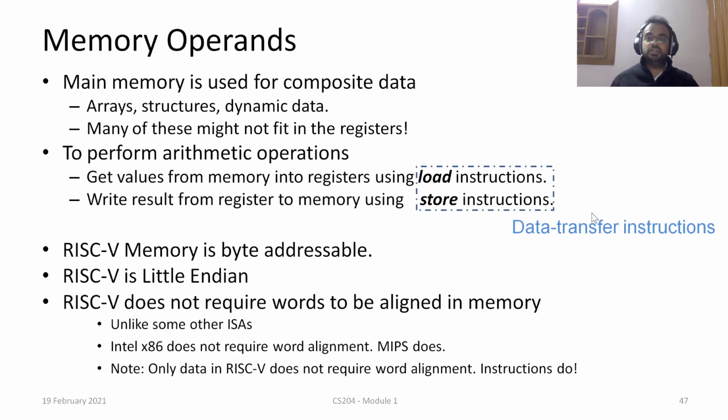But when we look at the instructions, they are always word aligned. Keep this in mind, and you will realize this aspect when you are using the data transfer instructions in Venus also. Venus is built exactly the way we expect hardware based on the RISC-V ISA is supposed to work.